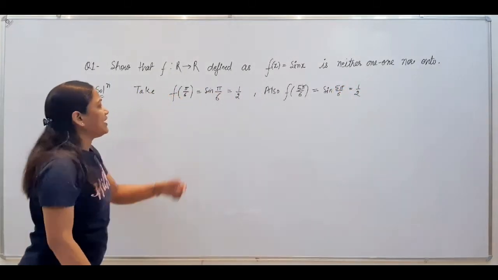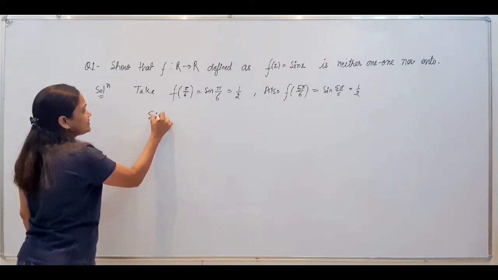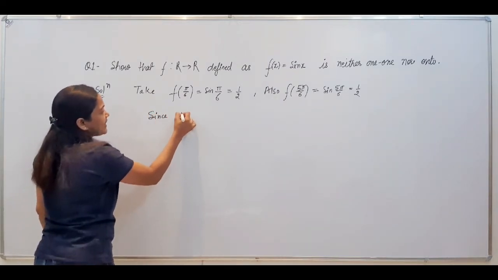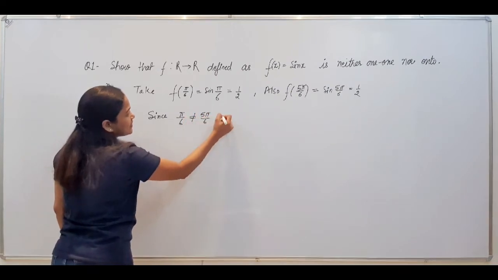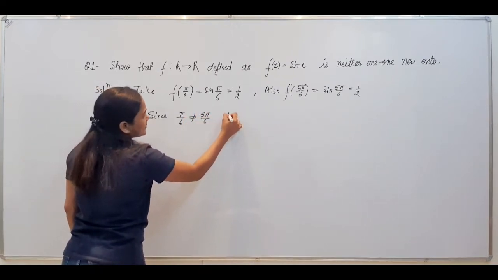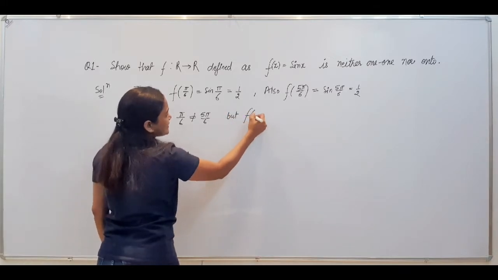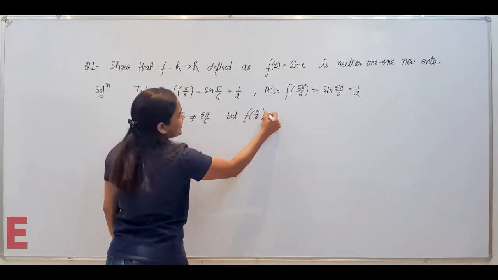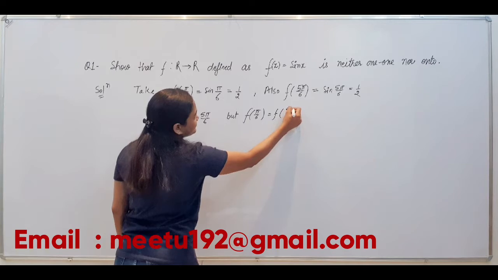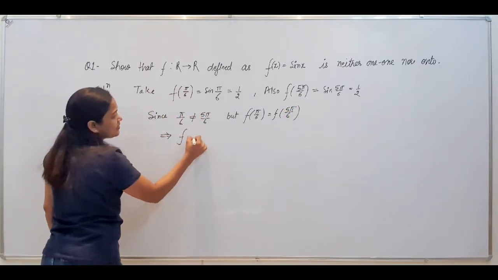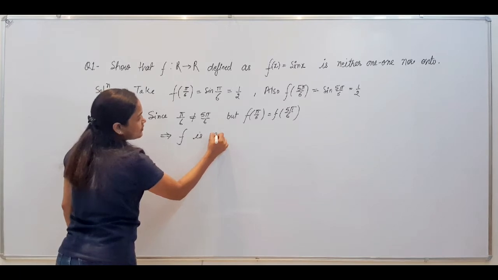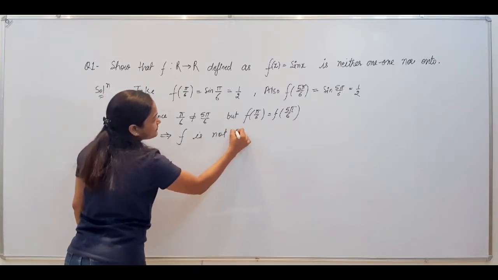So we have created 2 points. Since pi by 6 is not equal to 5 pi by 6, but their images at these 2 points are equal, that implies f is not one-one.